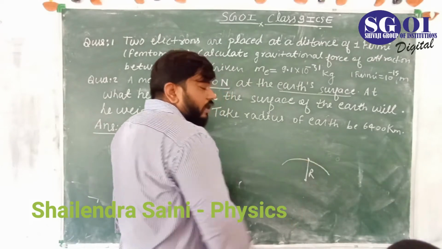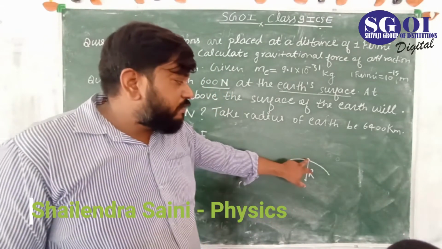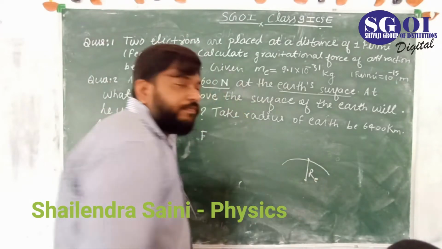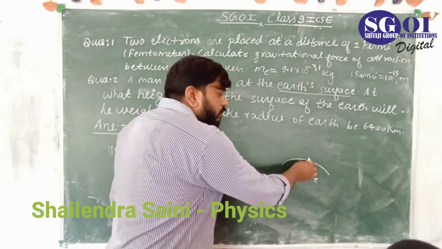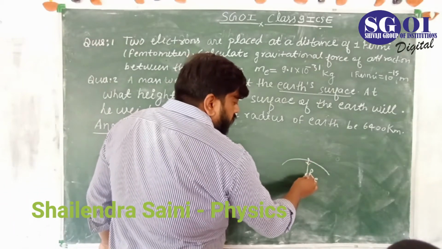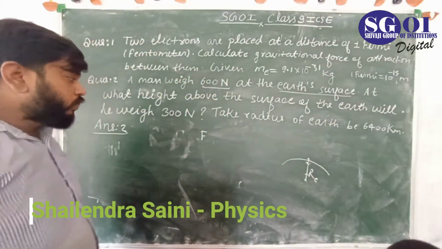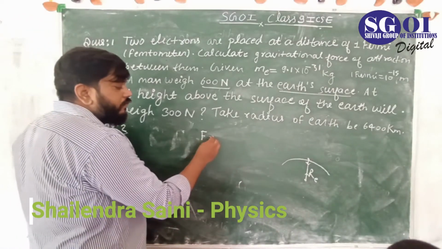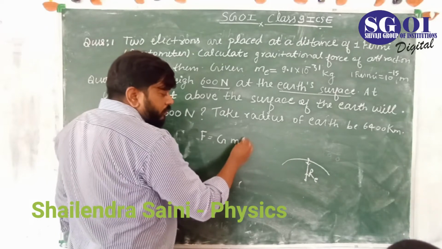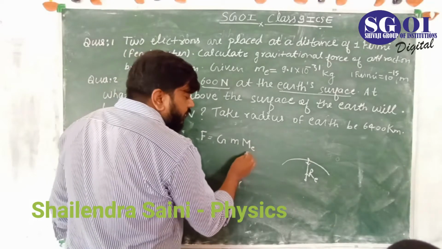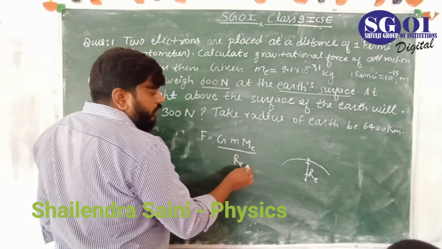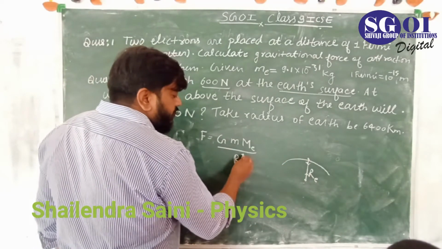When you are at the Earth's surface, the distance between you and the center of the Earth is r, which is the radius of the Earth, Re. At the surface of the Earth, the force of attraction on you is your weight, which is F equal to G M m upon the distance between you and the center of the Earth, which is the radius of the Earth.